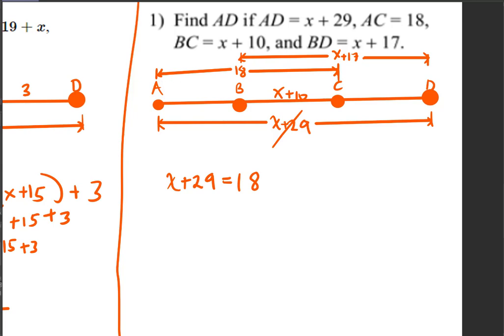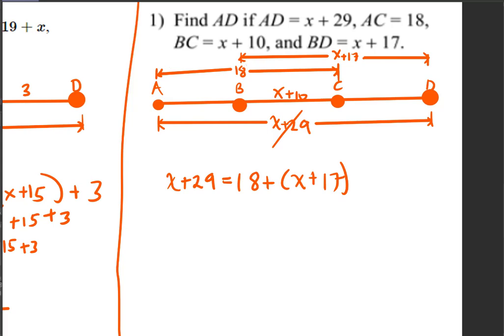So I start with the 18, and then I want this distance here, right? Well, this x plus 17 includes this distance here. So you know what? I'm going to add to it the x plus 17. Now the problem is, what I've done now is I have added a certain segment 2 times.